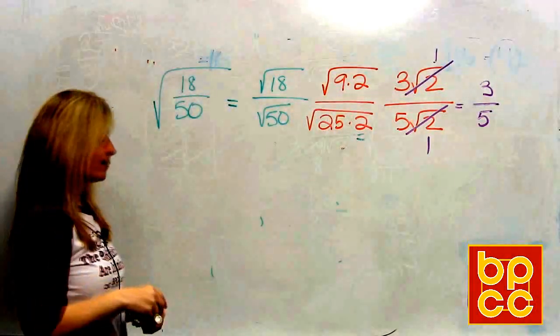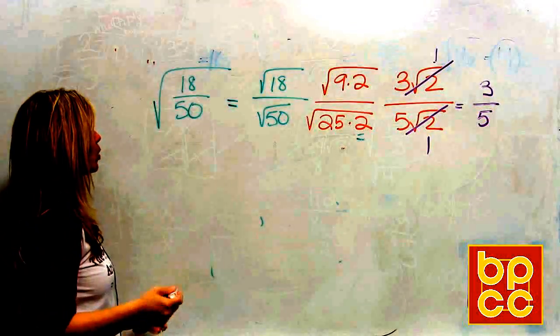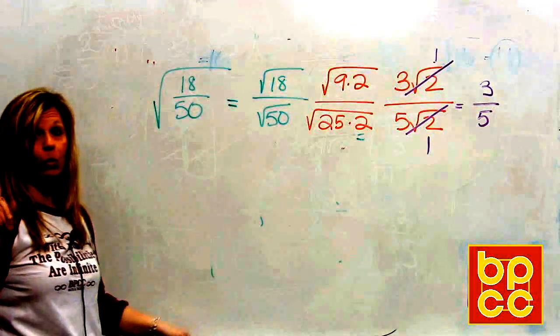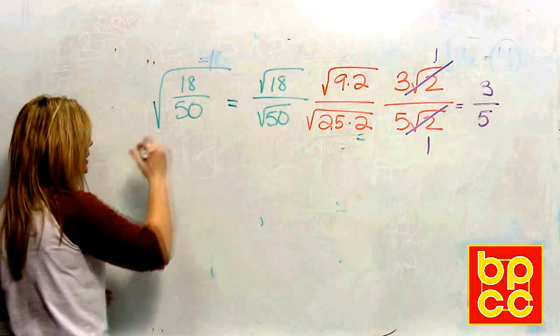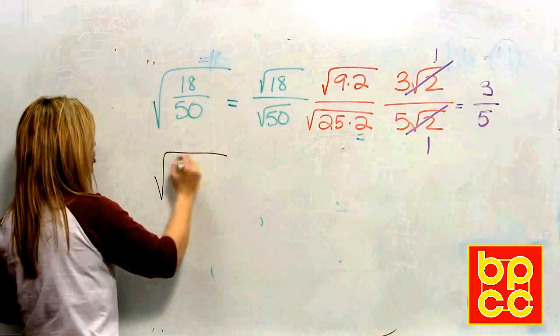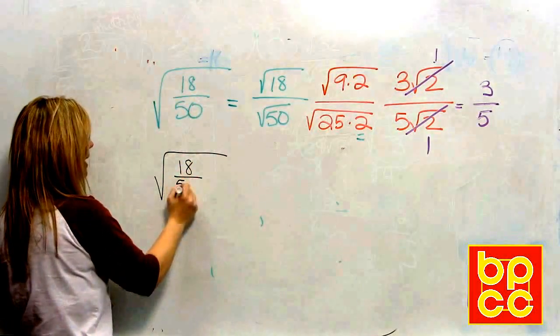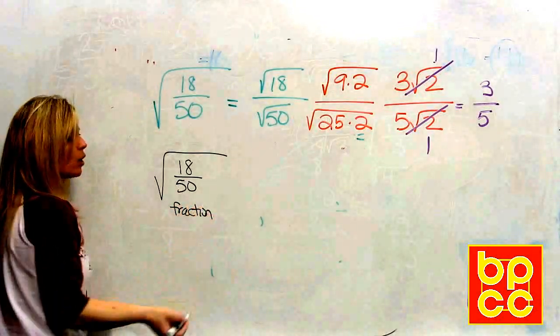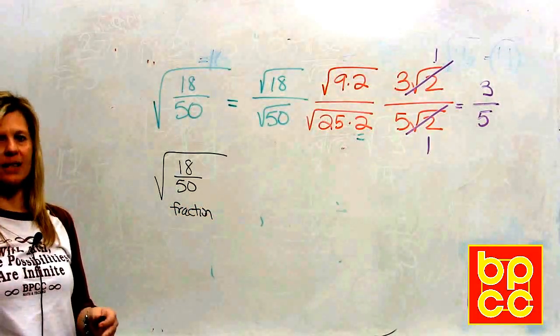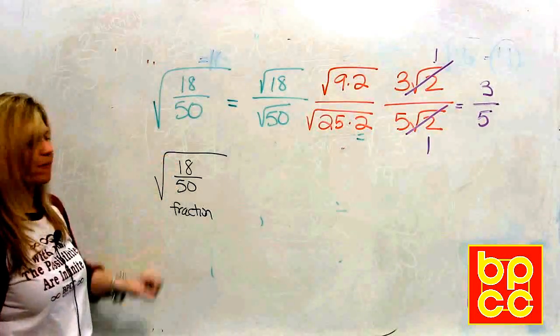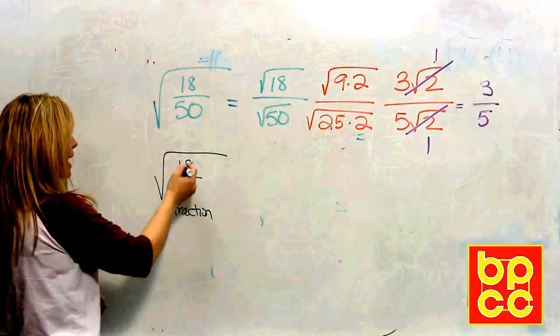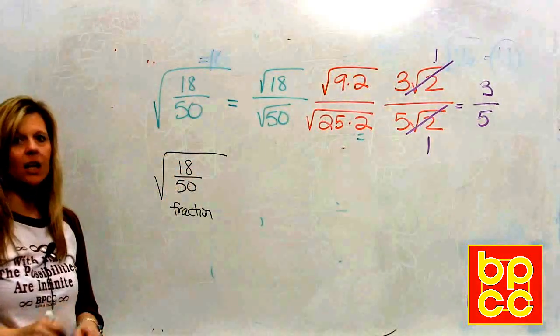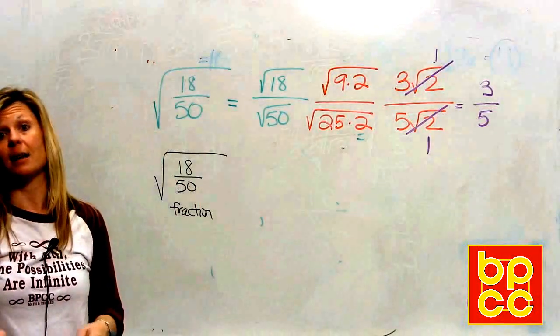That's one way. A quicker way to work this expression would be to realize, hey, inside this root symbol, 18 over 50 is a fraction. And didn't we learn, according to Please Excuse My Dear Aunt Sally, to do what's inside first? And even though you can't divide 18 by 50, there's a number you can divide them by.